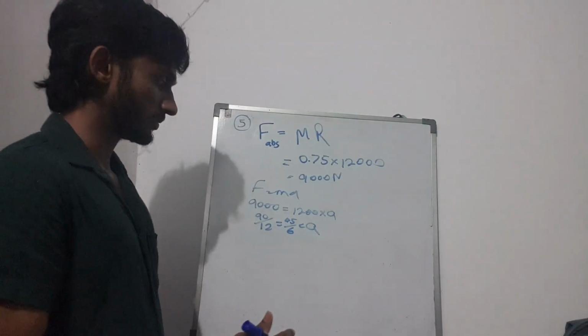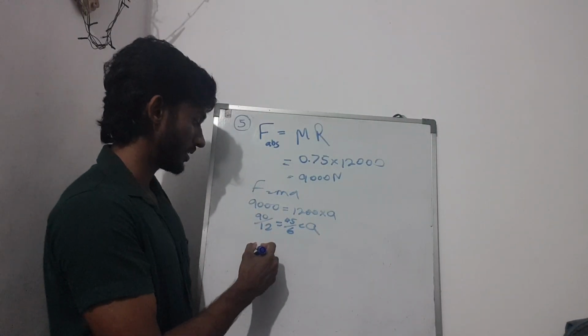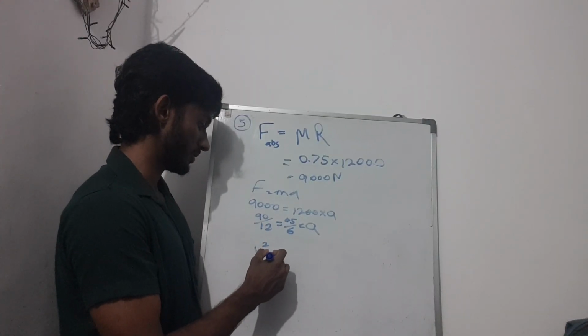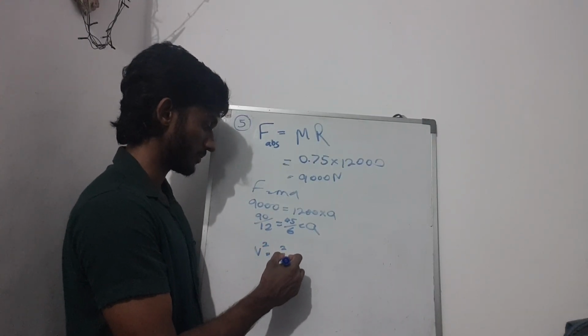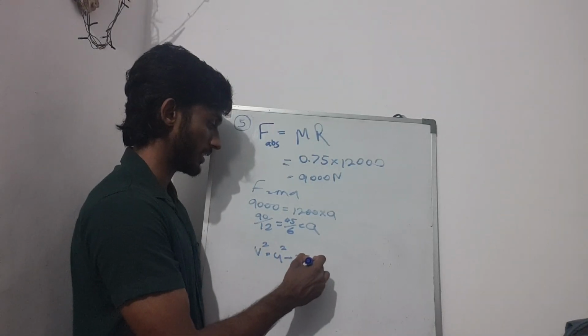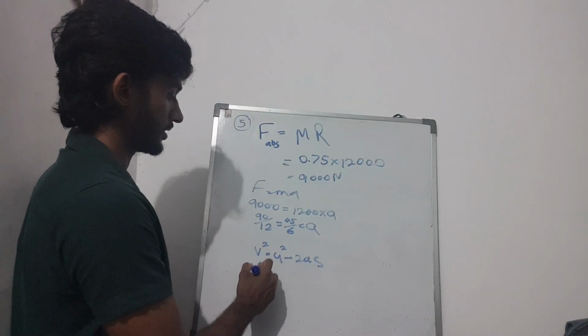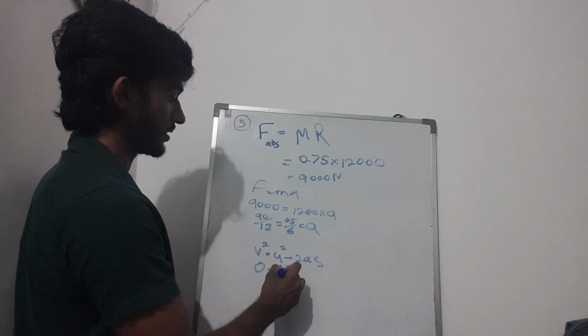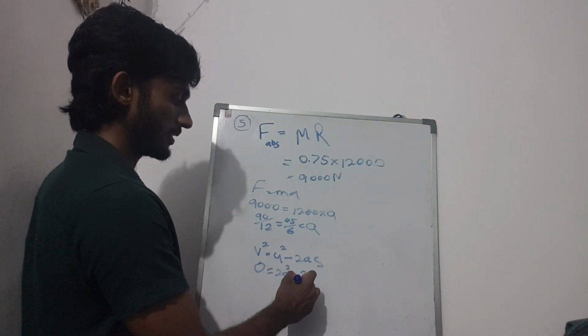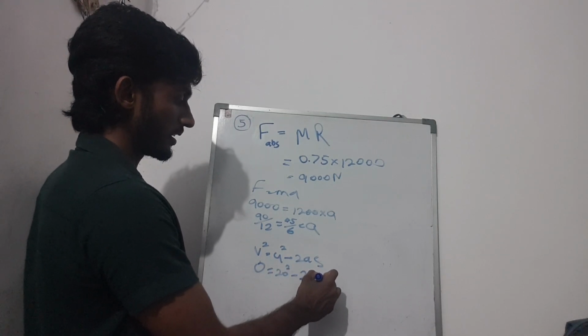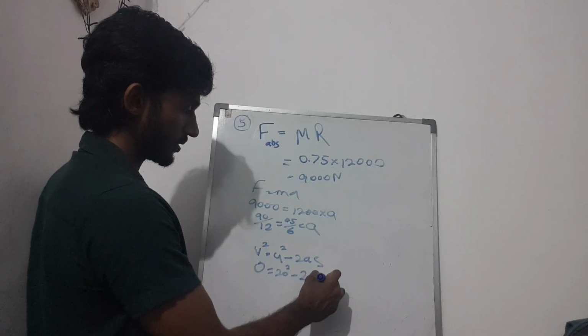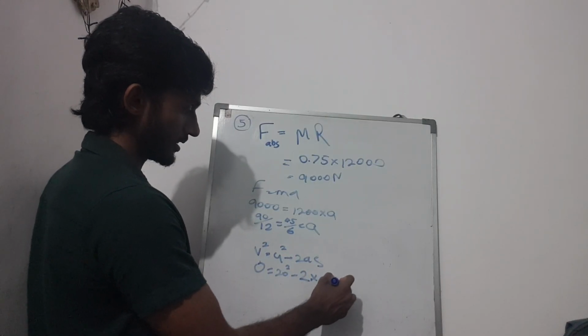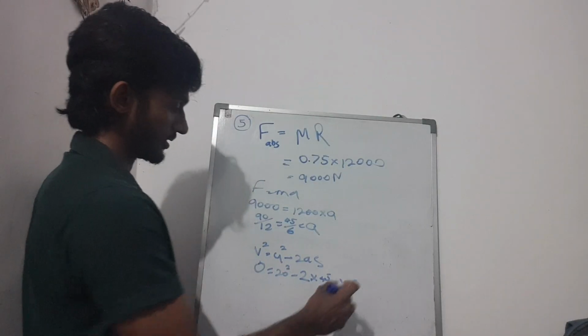Then we have to calculate v squared equals u squared minus 2as, with v equals 0, u squared is 20 squared minus 2, a is 45 over 6, into s.